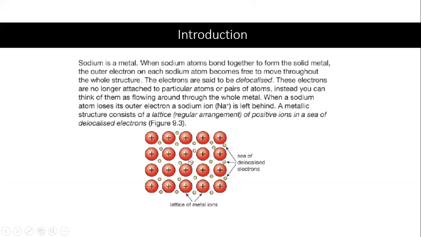Metallic bonding is the electrostatic force of attraction between the positive ion and the free electron. Metallic bonding is present inside your metals.